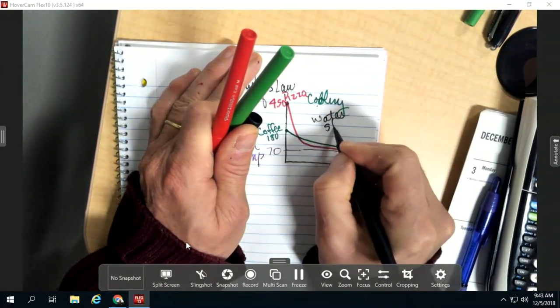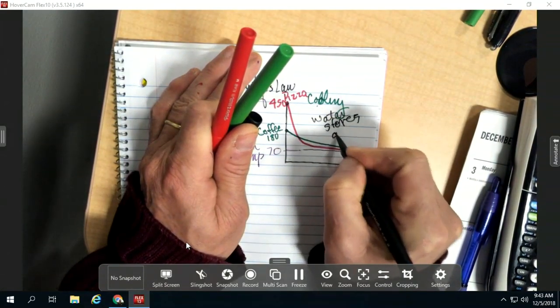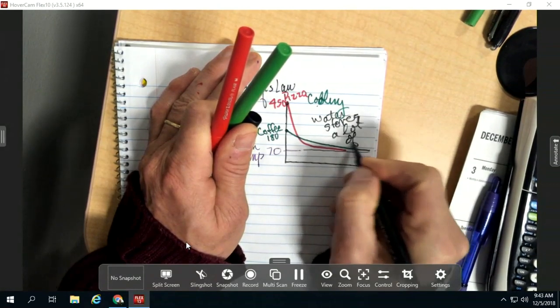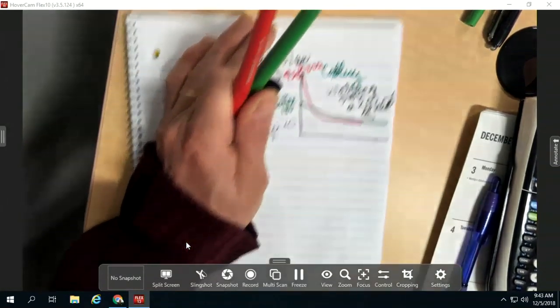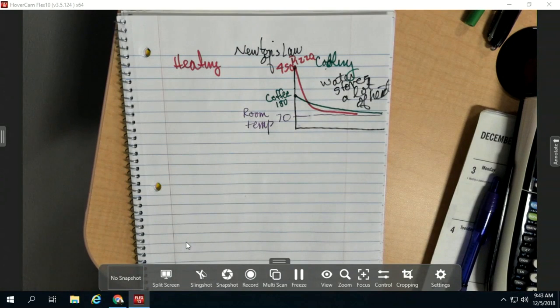Water stores a lot of heat. So the more water something has in it, the longer it will store heat. Okay? So if you have pizza versus a piece of toast, they both just got done. Ooh, that's hot. I have to wait till it cools.